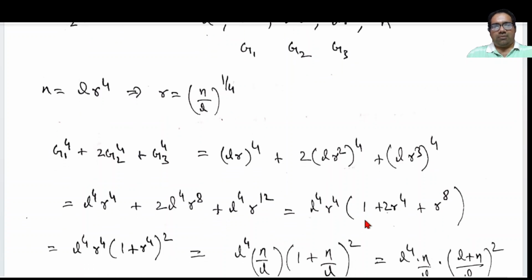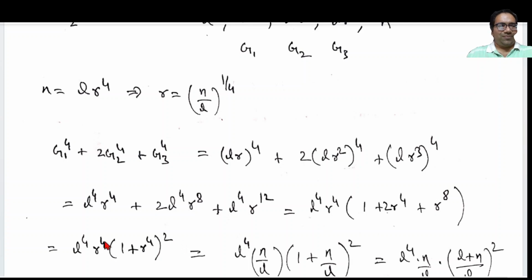This is in the form of a square plus 2ab plus b square, where a is 1 and b is R power 4. R power 4 whole square is R power 8, and 2ab is 2 into 1 into R power 4. So this becomes L power 4 R power 4 times (1 plus R power 4) whole square.